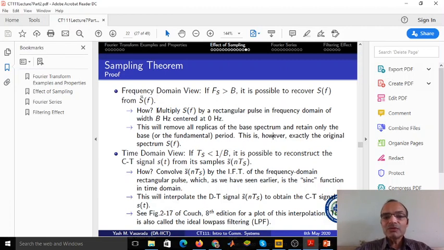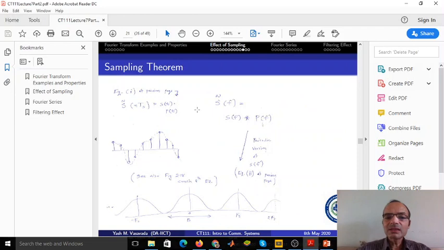What is the time domain viewpoint now? Multiply becomes convolution. Convolution of what with what? Well, this is a typo here, a typing mistake. This should be S tilde of f. This one here. So convolution of the inverse Fourier transform of S tilde of f, which is nothing but S of nTs.